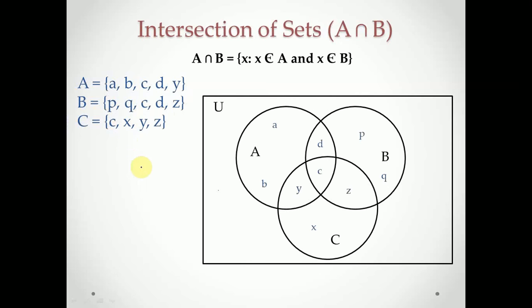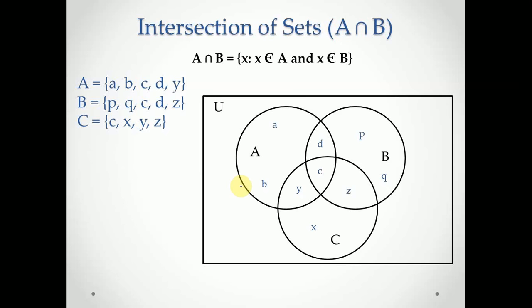So this is the same Venn diagram for the same sets. Now to understand the intersection of sets, we'll find A intersection B, B intersection C, A intersection C, and A intersection B intersection C.